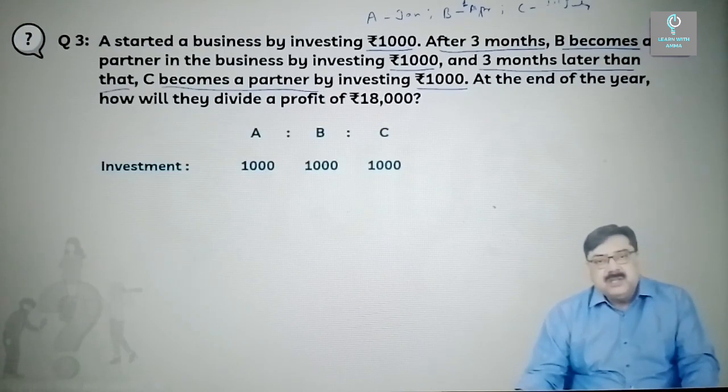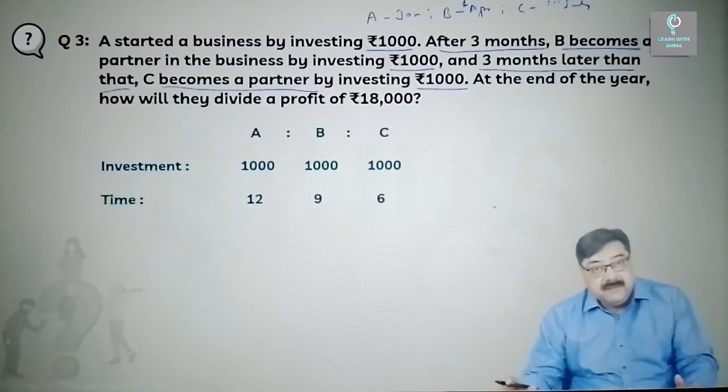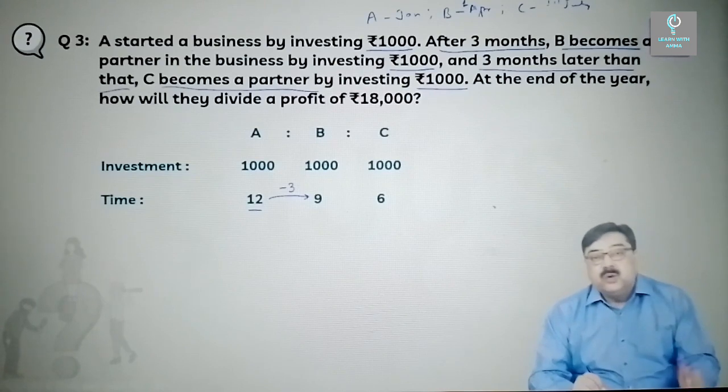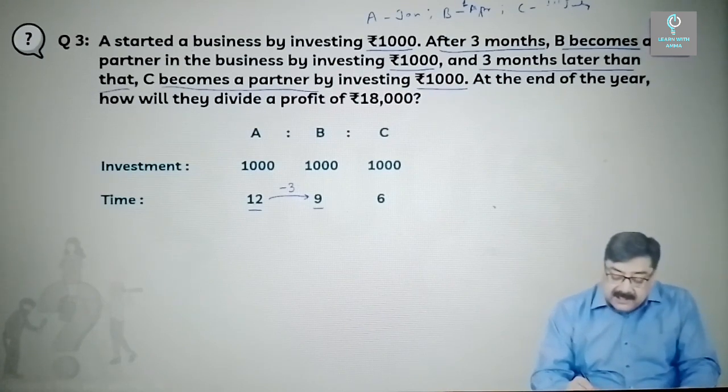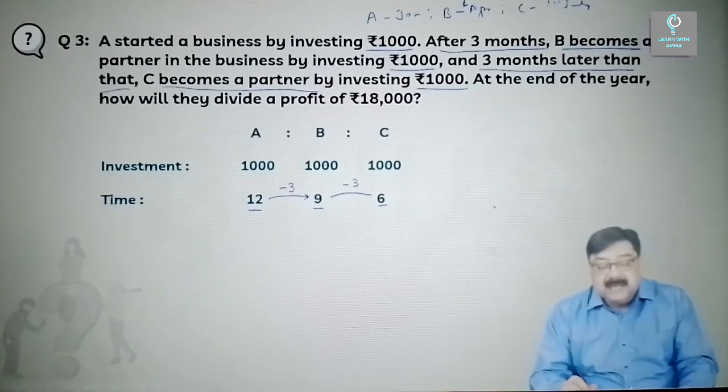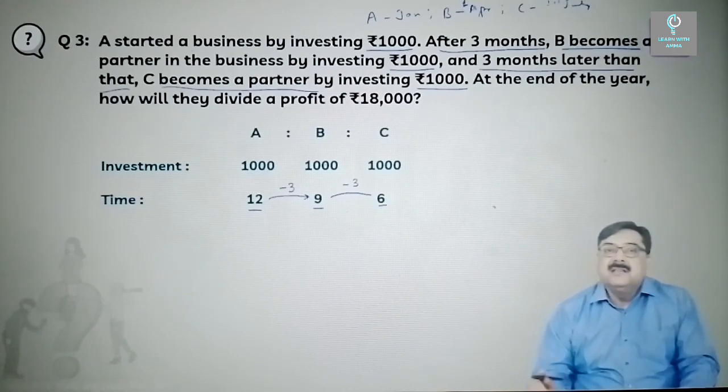So investment happens to be the same, but the time durations differ. A's money stayed in the business for 12 months. 3 months later, B joined, so 12 minus 3, B's investment stayed in the business for 9 months. And 3 months later than that, C joined, so 9 minus 3, that is C's investment stayed in the business for 6 months.